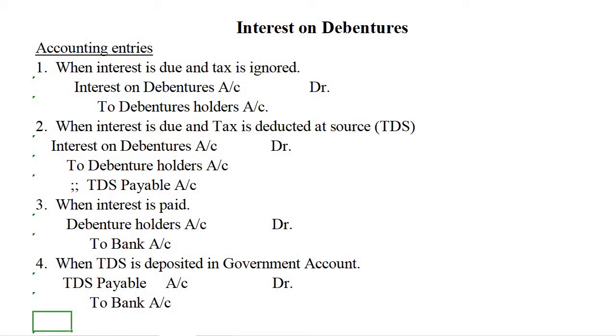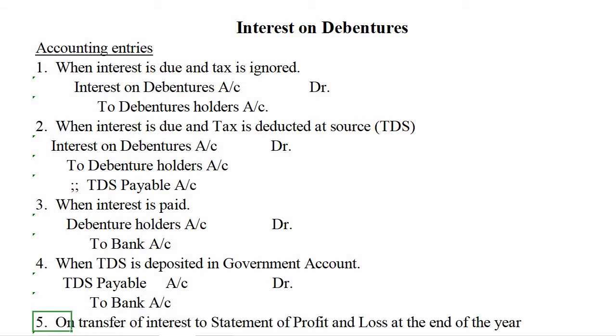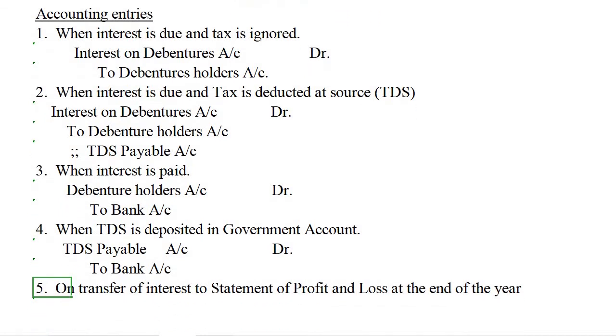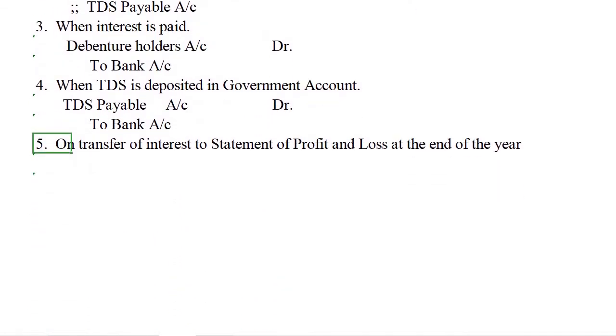So at the end of the year we have to transfer the amount to statement of profit and loss. For that we will write the journal entry like this, on transfer of amount to the statement of profit and loss.